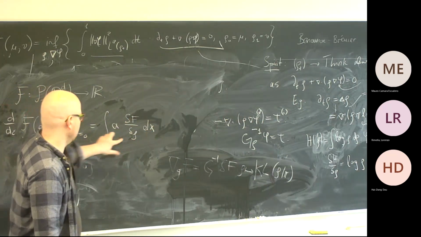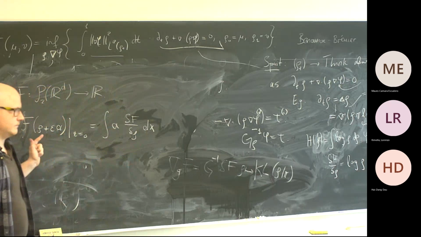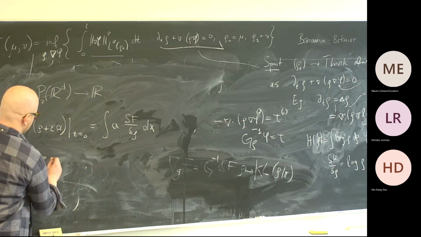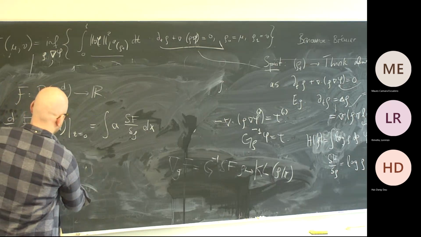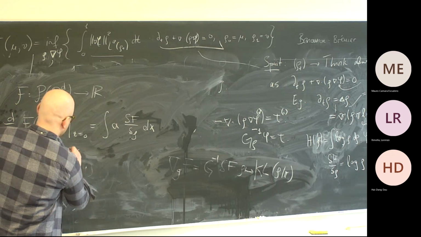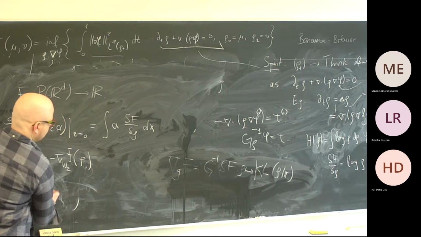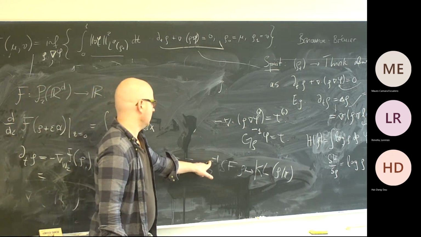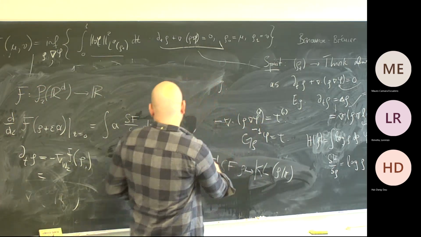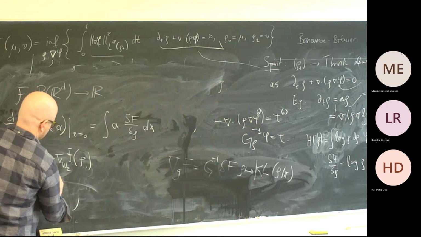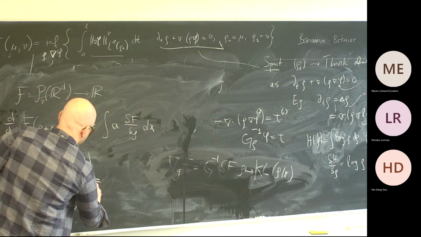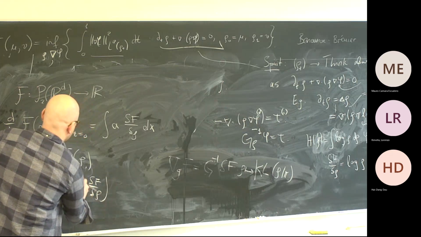You identify what this is, according to this. And then you can write this, sort of the W2 gradient of this. And then you use this formula. So instead of this, we're using this. The minus cancels with this. And then we do this.